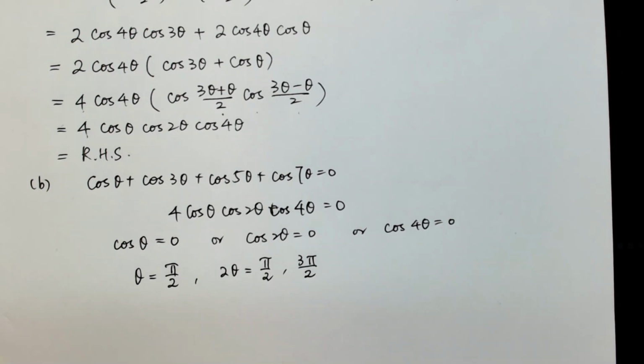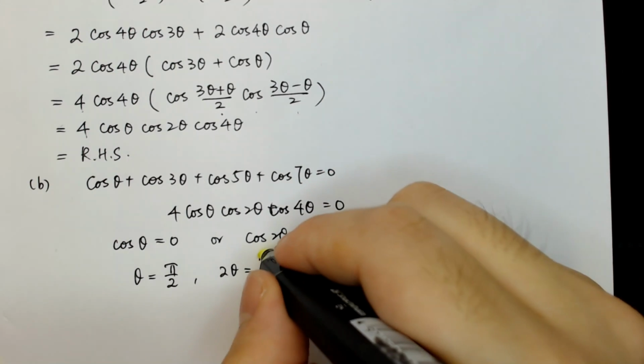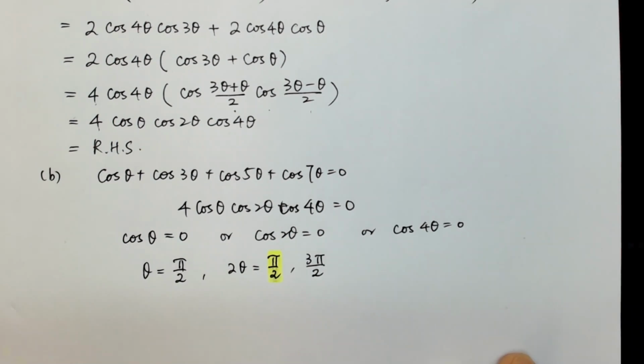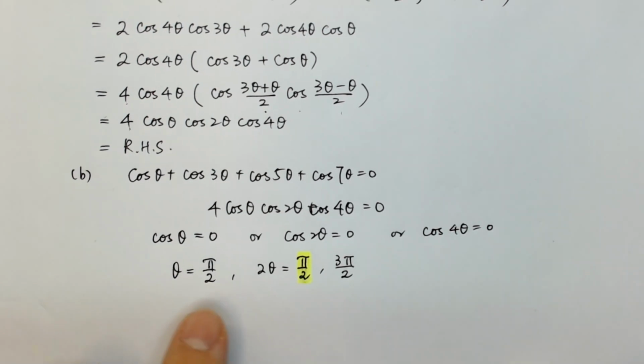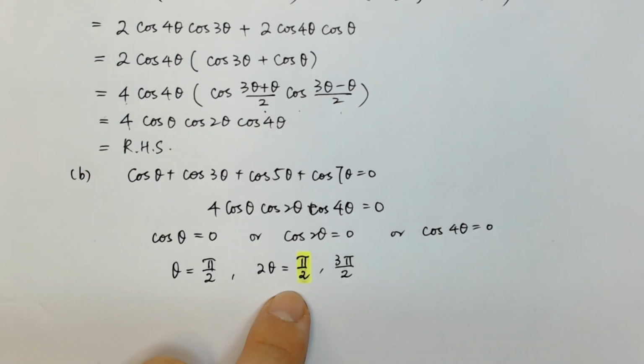Now, make sure that you don't miss this pi over 2, because some of you may think that, oh, in the previous equation I included pi over 2 already, and then I do not need to include the pi over 2 for this as the solution. Okay, make sure that you know you need to further divide it by 2 to get the real solution for theta.